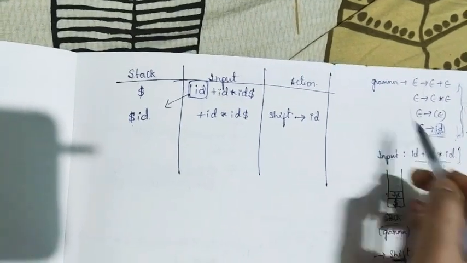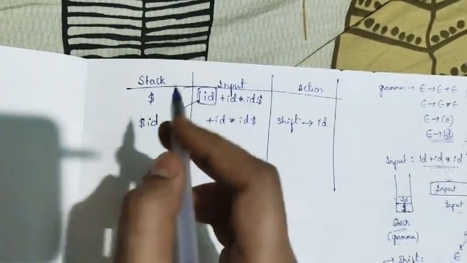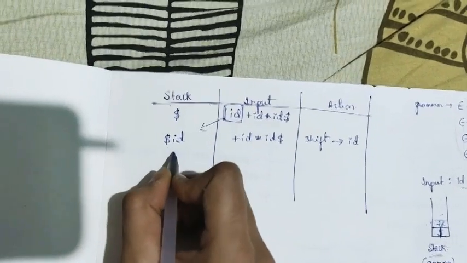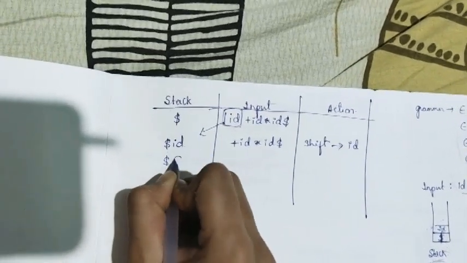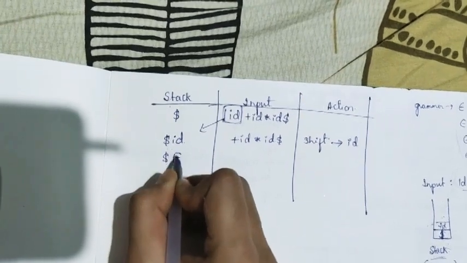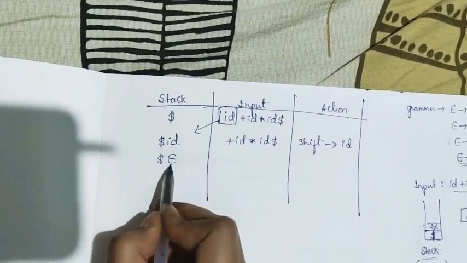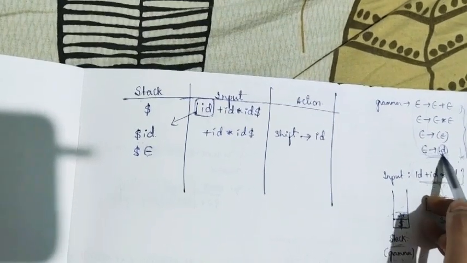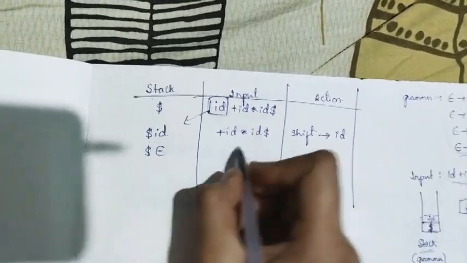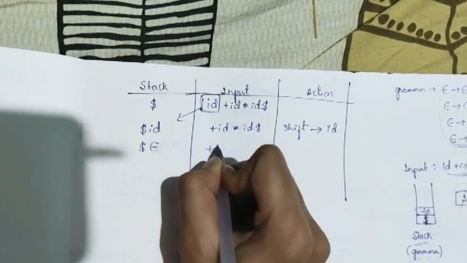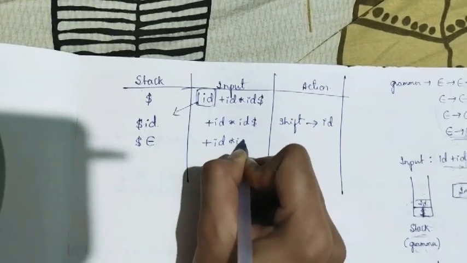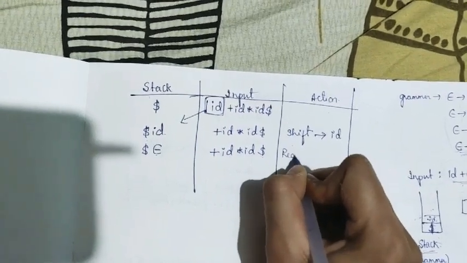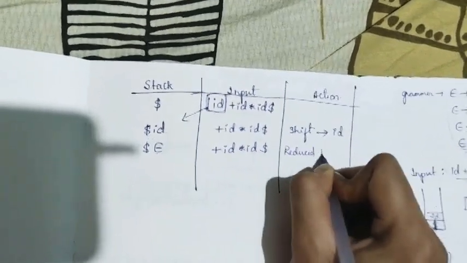Whatever ID we have in the stack will be reduced to E. So now this dollar ID will be reduced to dollar E. Instead of ID, we now perform a reduction. This ID is reduced to E because we have the production E produces ID. Again the input is plus ID into ID, and the action we have performed is we have reduced to E.